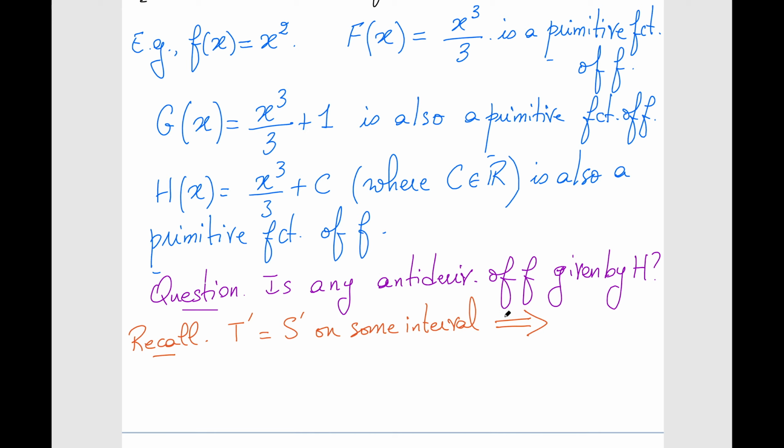We showed that t is equal to s plus some constant. Correct?